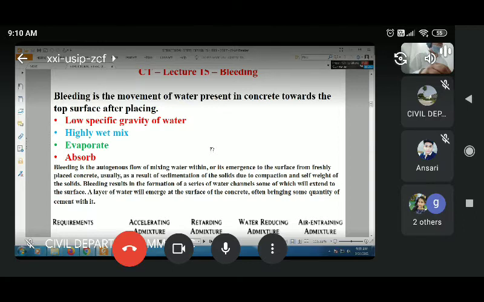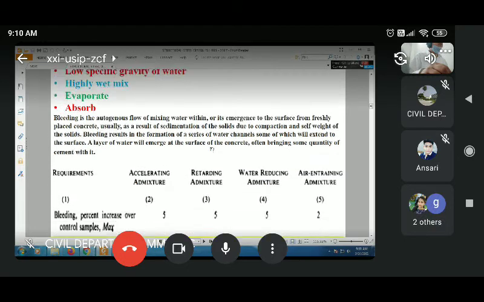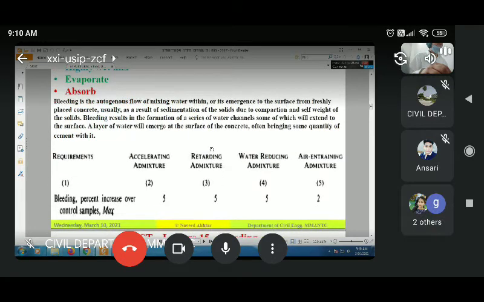Some of the water evaporates and mostly the water is absorbed into the concrete. So this is nothing but called bleeding.